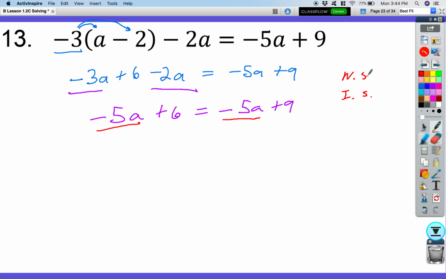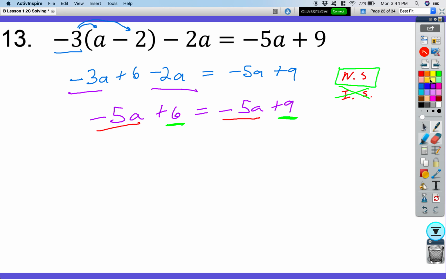And I can determine that by looking at the constants now. So when I look at the constants, this has a 6 and this has a 9. Since they are different, since they are not the same, this would mean that infinitely many solutions is not possible, and this one would actually be no solution. The right side is always going to be 3 greater than the left side.